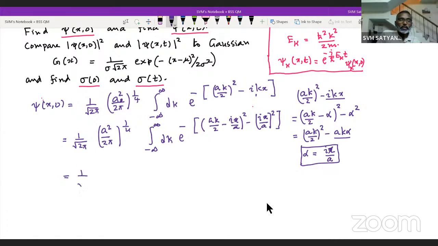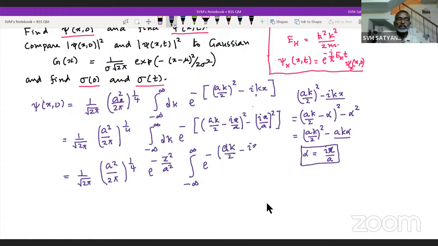So 1 by root 2 pi, a square by 2 pi to the power 1 by 4, into e to the power minus x square by a square, integral minus infinity to infinity e to the minus (ak/2 − ix/a) the whole square dk.